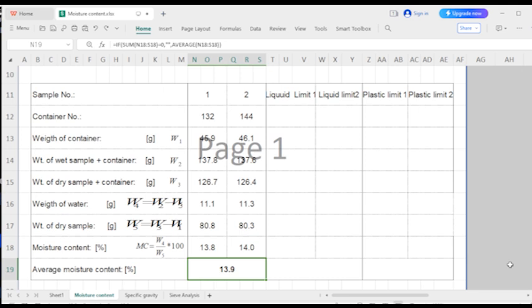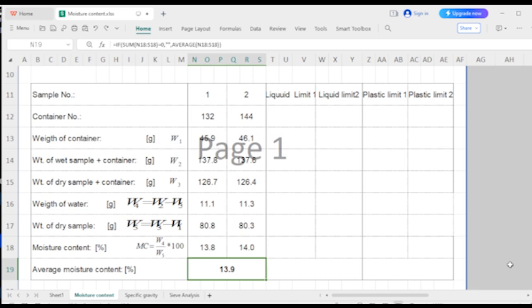But it is difficult to get that exactly, so we plot the number of blows at intervals against the moisture content at which the groove closes. Then when you connect your dots and interpolate, you have your liquid limit for the very soil sample.